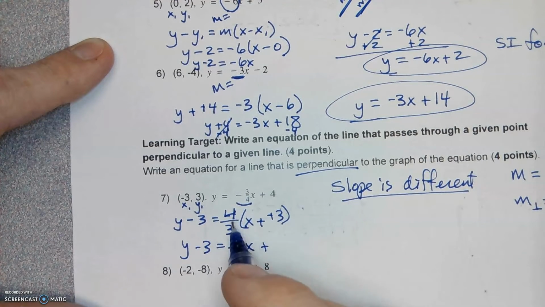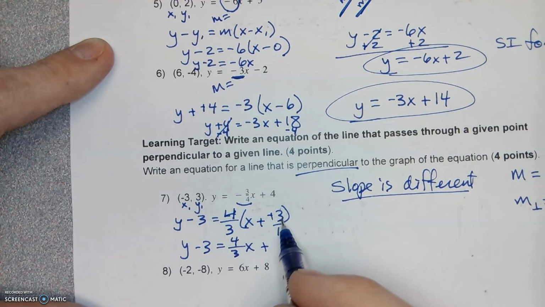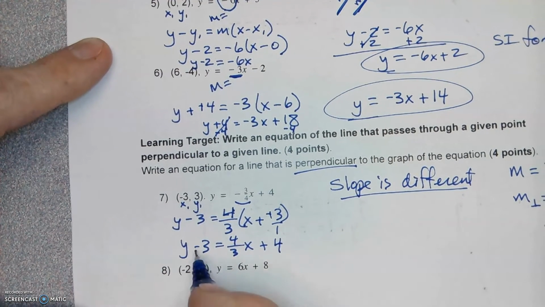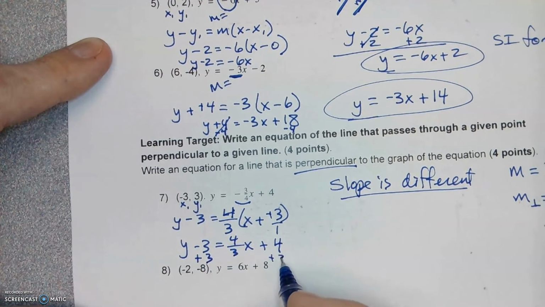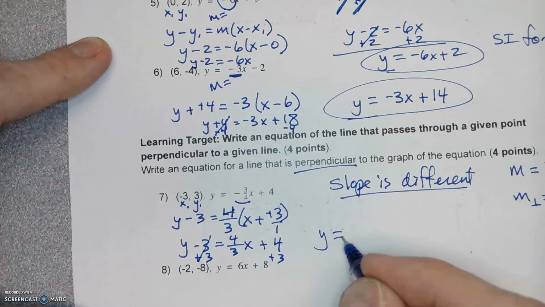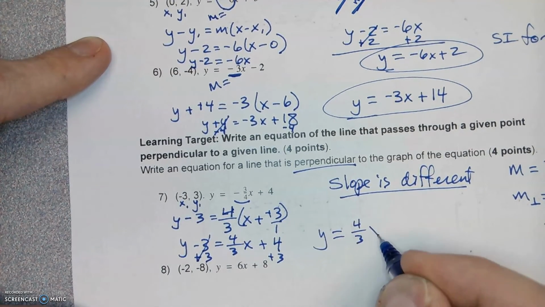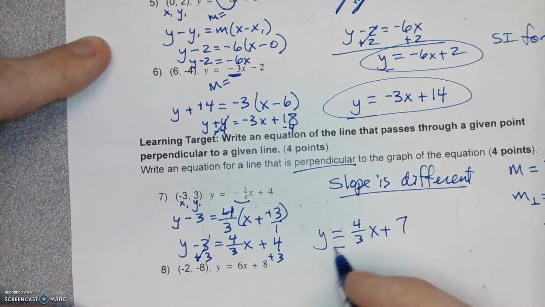So 4/3 times 3, or 4/3 times 3/1, is 12 over 3. 12 divided by 3 is 4. Let me go ahead and add 3 to both sides, cancel. Y is now by itself. 4/3 x plus 7.